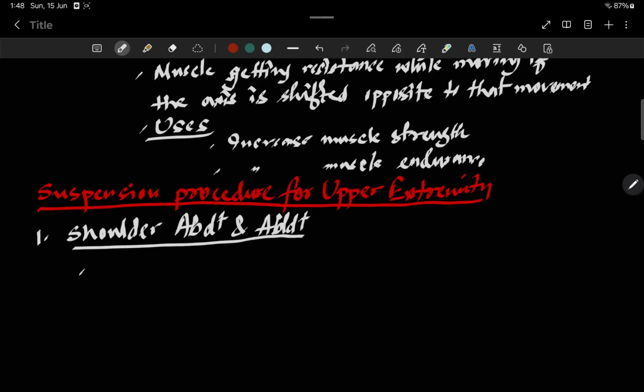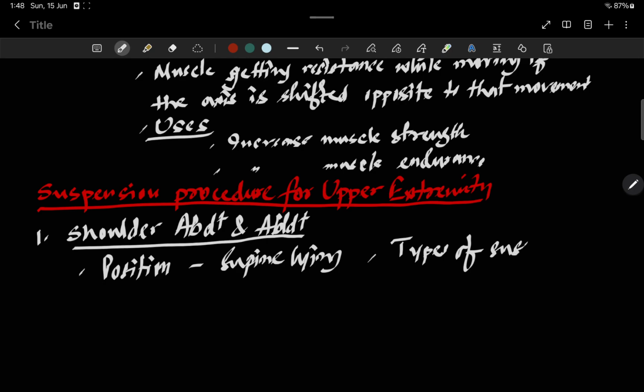Here, the position of the patient is supine, lying. Types of suspension used are the axial suspension.